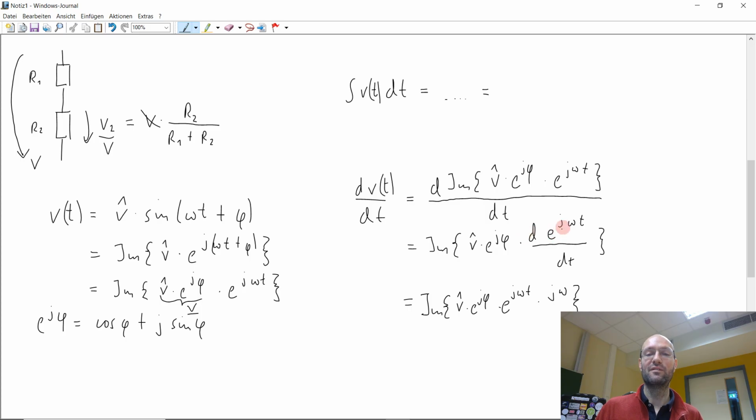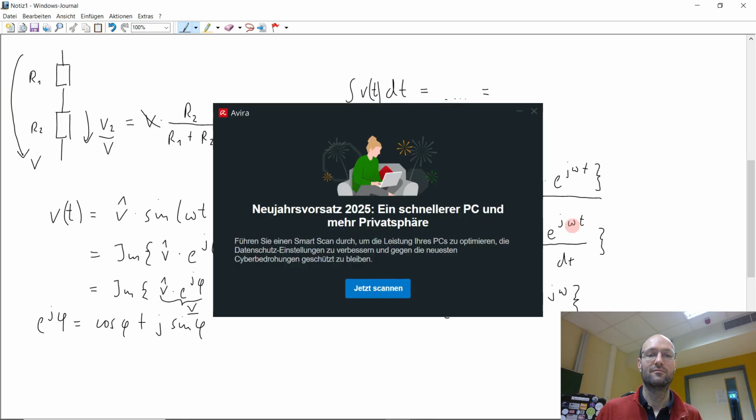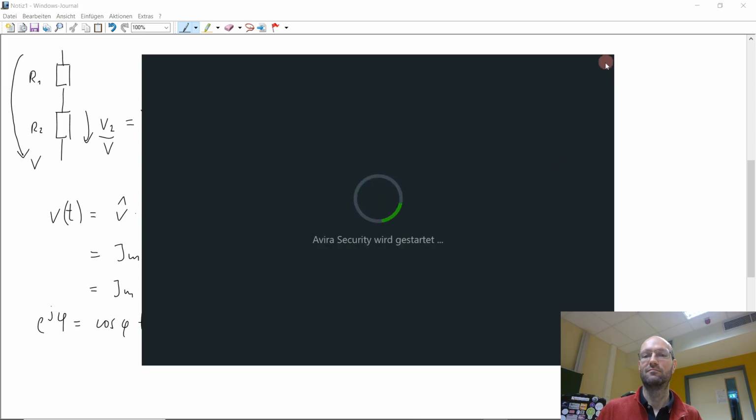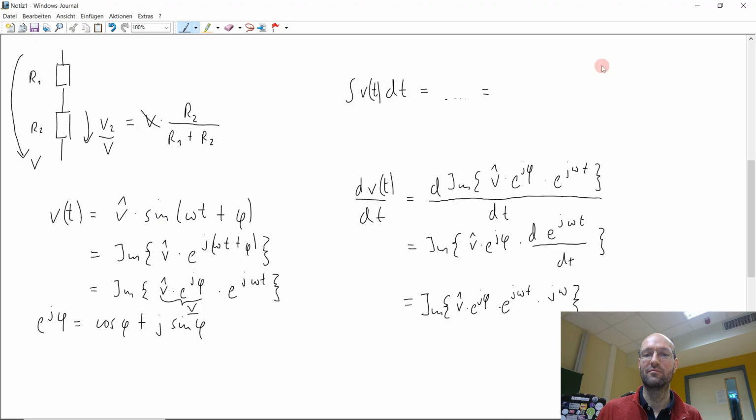Finally, we would have the time integral over this exponential function. What is the antiderivative of the exponential function?